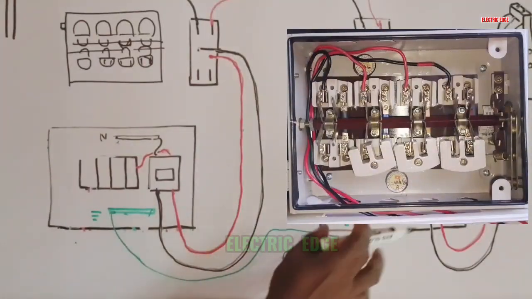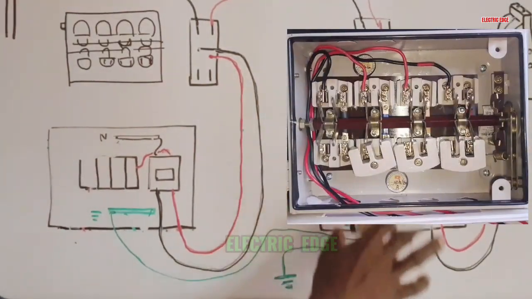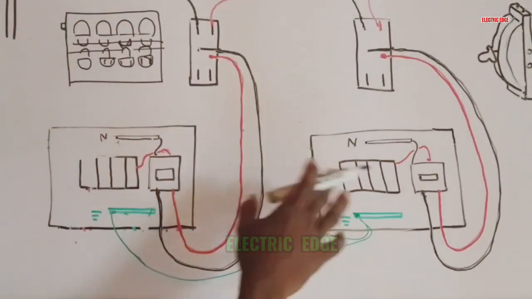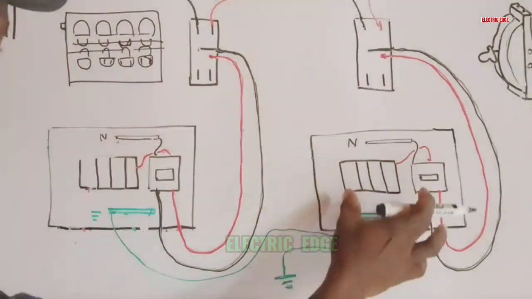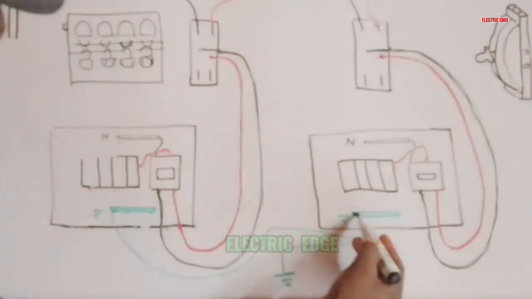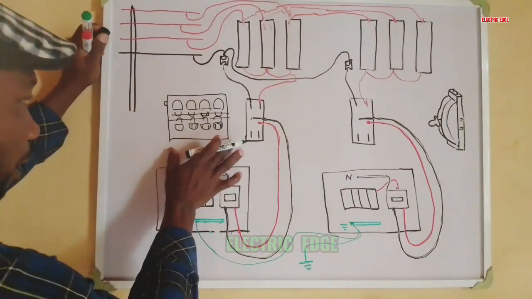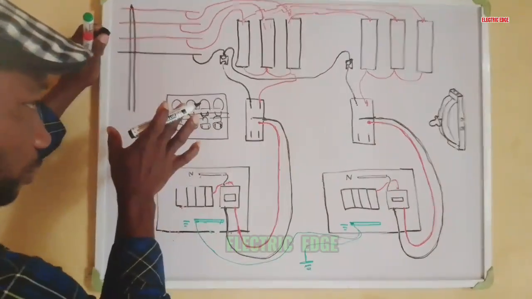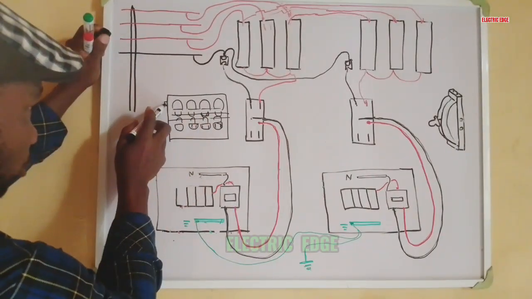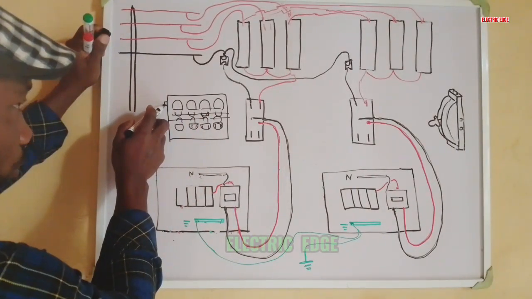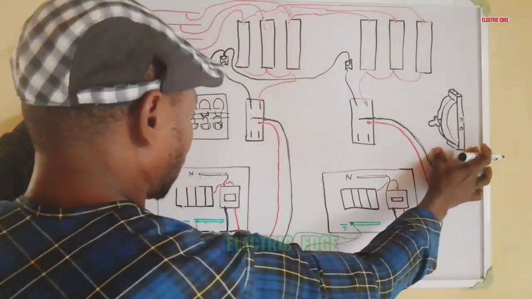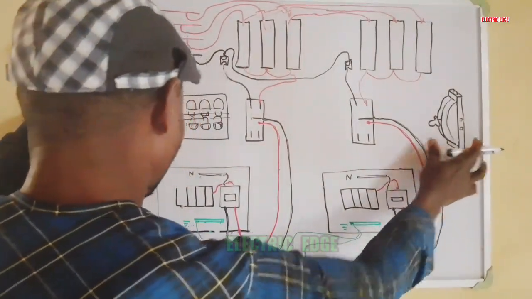It is only here in the DB, whether the DB is a single phase DB or 3-phase DB, that is where you connect it. It will go into the enclosure. There is a provision made for it, but this changeover switch gear is for this 3-phase. Then there is a provision for it where you put your earth. Unlike this, the knife switch changeover doesn't have a provision for that.